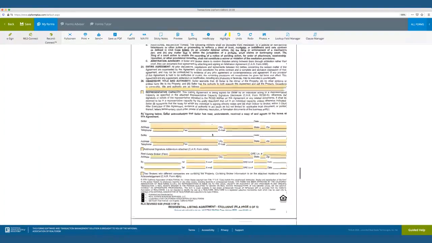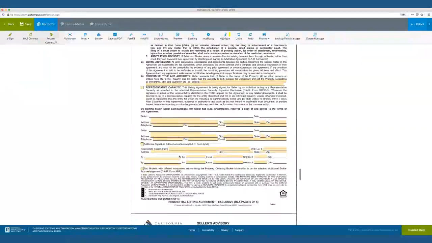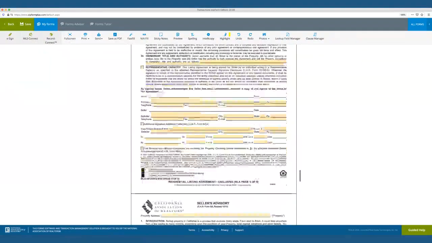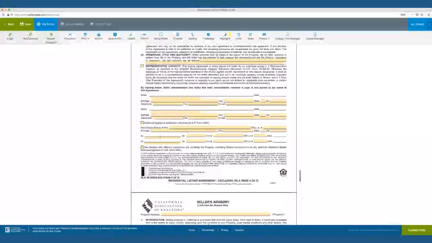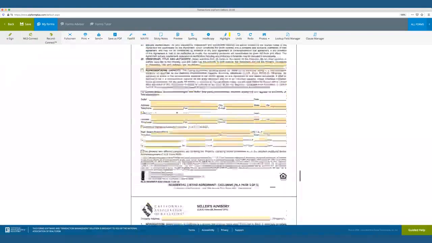So we all sign it. You, as the agent, can sign this document on behalf of the brokerage. It doesn't have to be signed by the broker. So the sellers, and if there's more than one seller, then there's an additional signature addendum. There are spaces for two sellers.